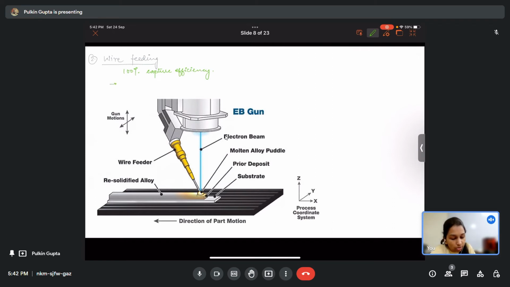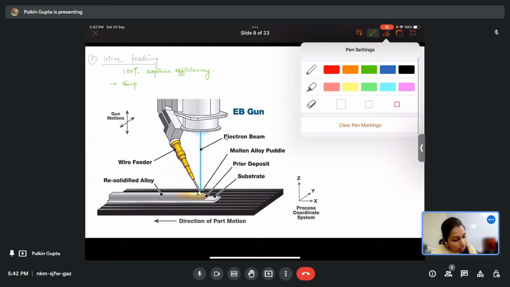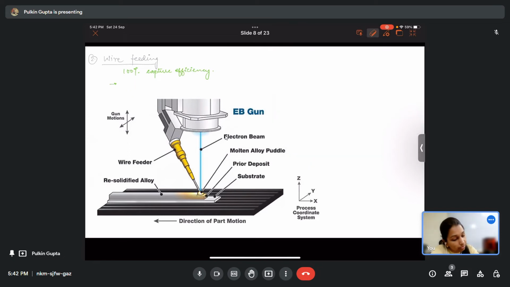So used for simple geometries, coatings, and deposits where porosity is acceptable.